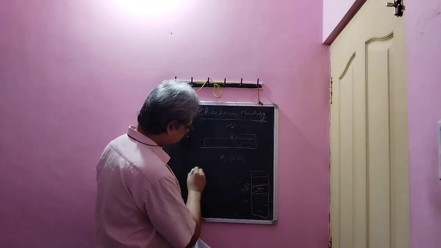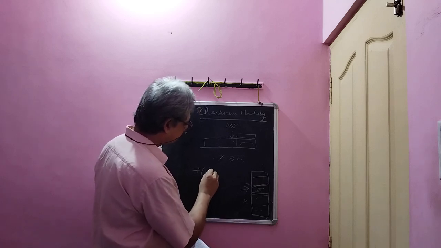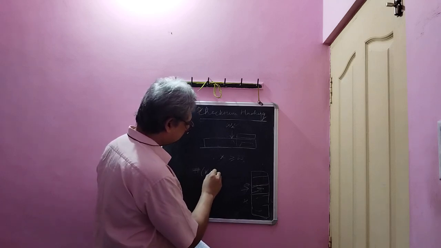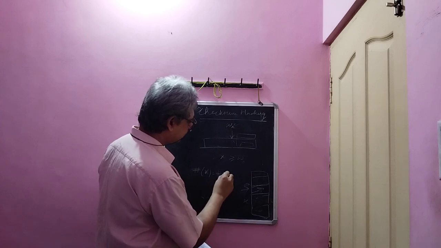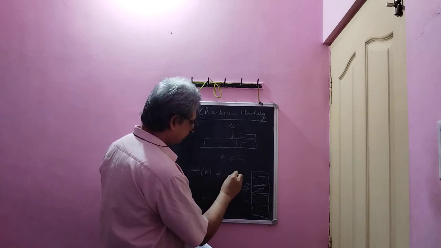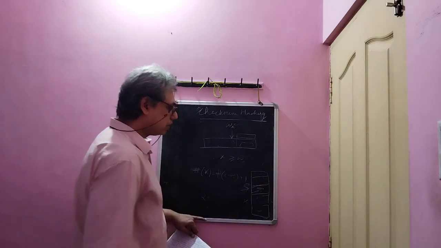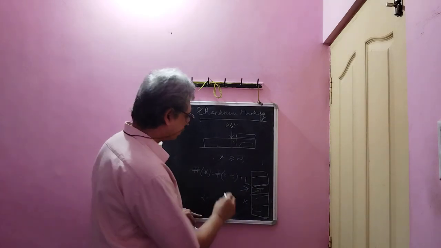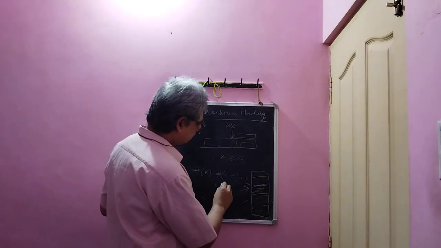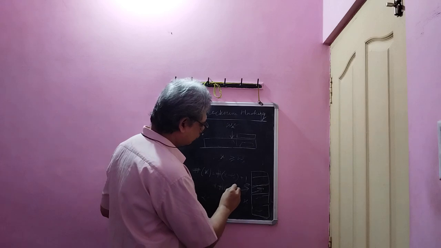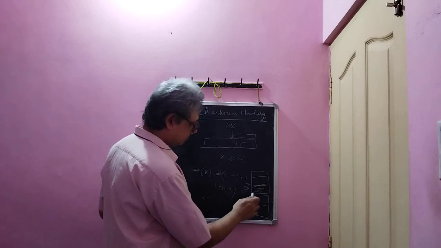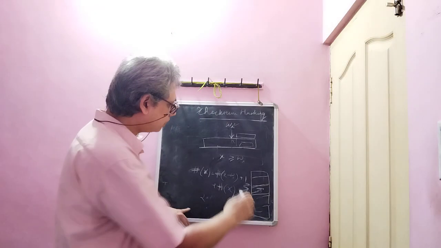So simply as a notation, I will say the number of ways of obtaining x is equal to the number of ways of obtaining x minus wi plus 1, plus the already existing number of ways of obtaining x.